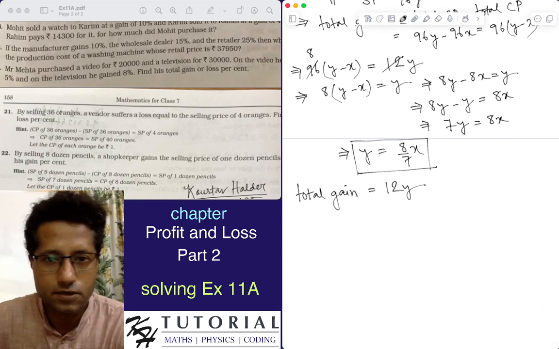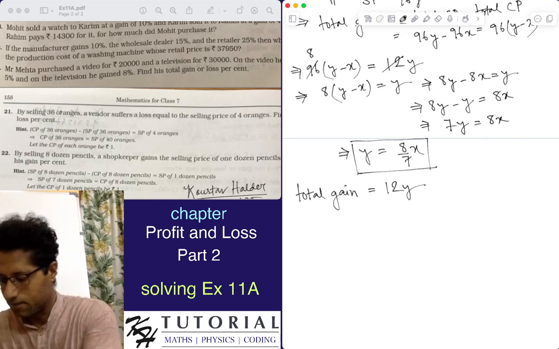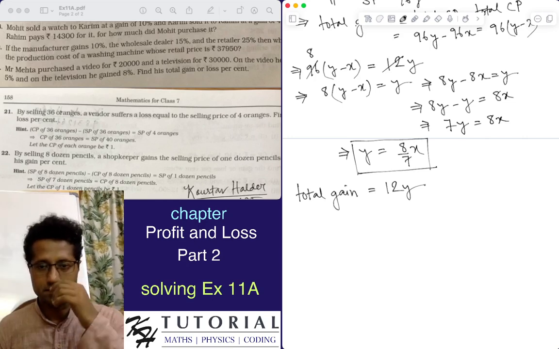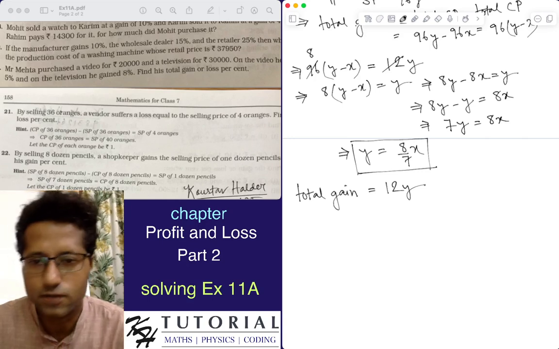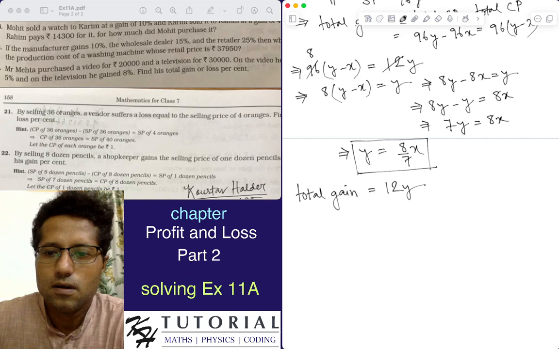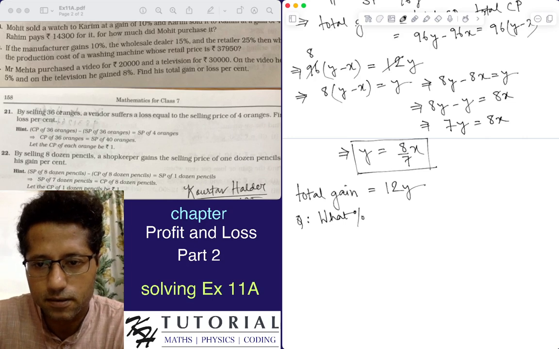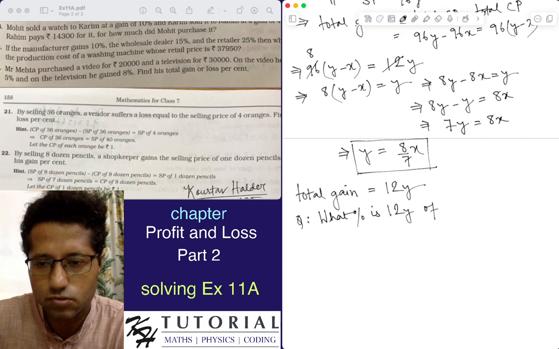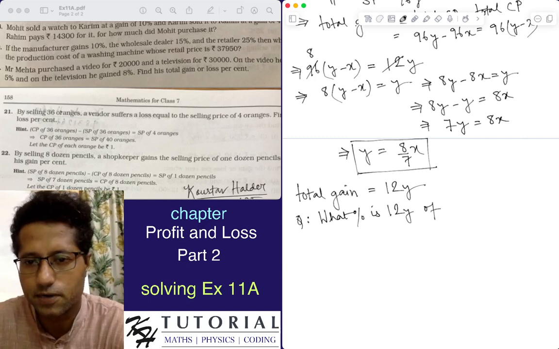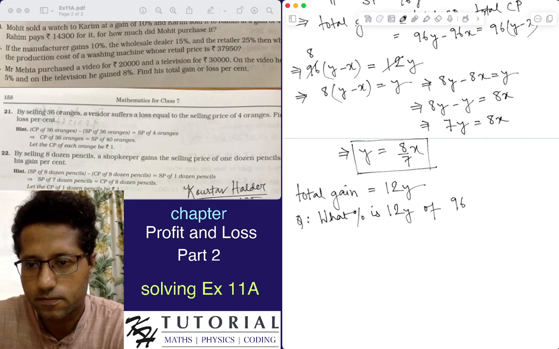So it is asking what is the total gain percent for the 96 pencils. We have the total gain for 96 pencils as 12y. So we have to ask the question, what percent is 12y of the total cost price of 96 pencils, which is 96x.